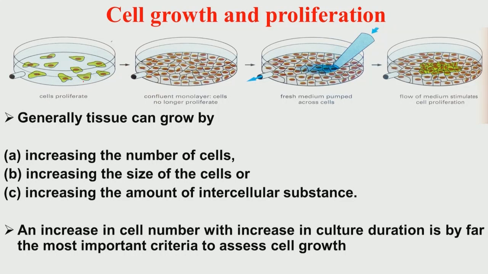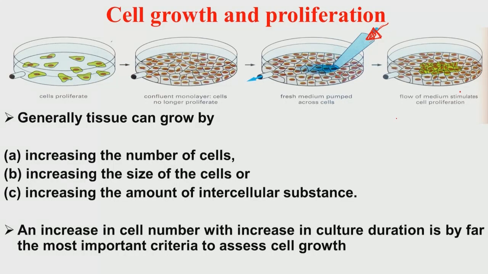What you see here is that initially cells start proliferating, then form a confluent monolayer, and when the medium is pumped across the cells, the flow of the medium also stimulates cell proliferation. So, it is not a static culture, it is a little bit more dynamic culture. If you give some flow, you are essentially giving some shear to the culture, and therefore cell numbers also would increase.